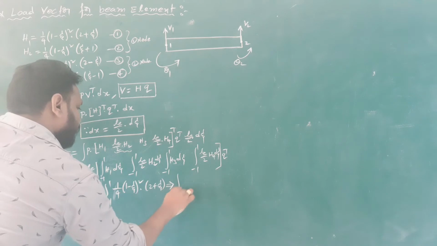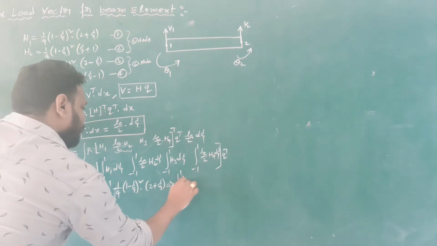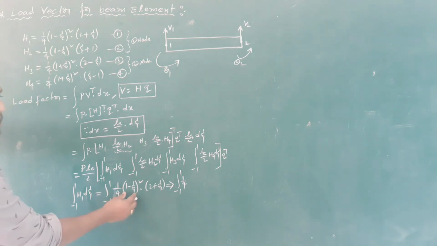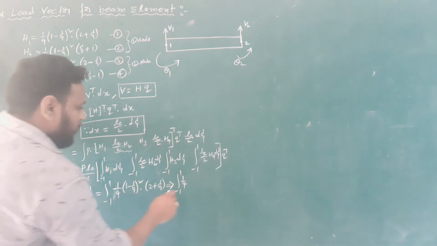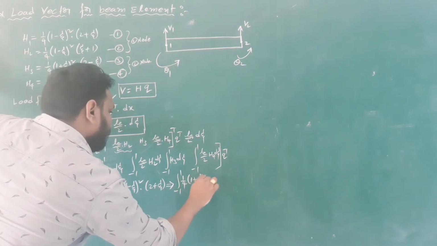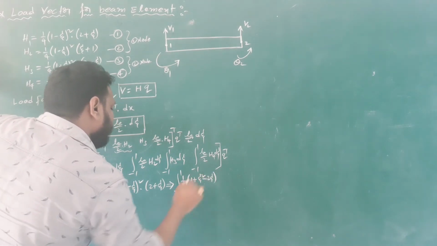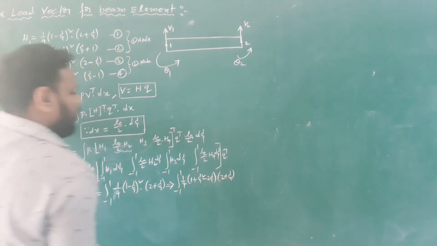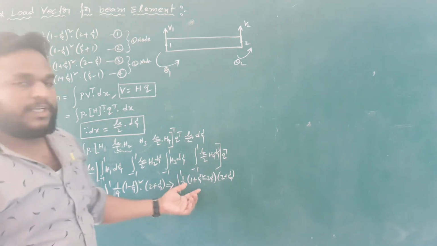That is minus 1 to 1, 1 by 4, and this is (1 minus z) square, just like (a minus b) whole square. So split it: 1 square plus z square minus 2z into (2 plus z). So finally we got this relation.